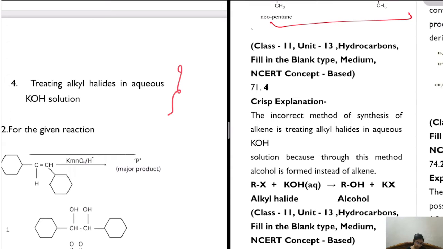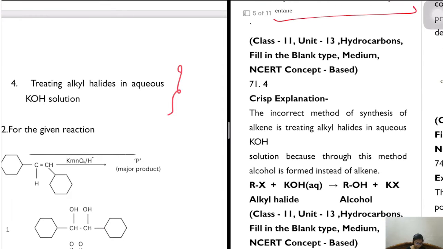Because in this method, alkyl halides are treated in aqueous solution, and through this method, alcohol is formed.